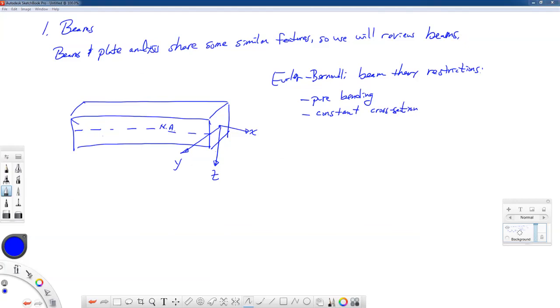And for our purposes, this cross section is going to have a vertical line of symmetry. And so maybe like a T-shaped cross section, something that if we draw a vertical line through the middle of it, it has that as a line of symmetry. Let's first take a look at the strains that develop in a beam like this.